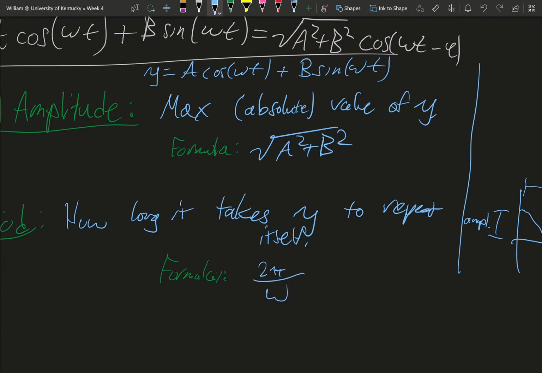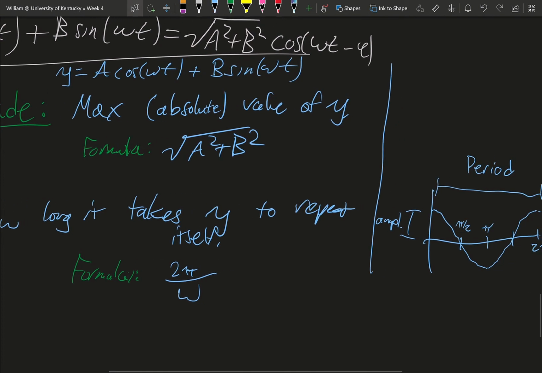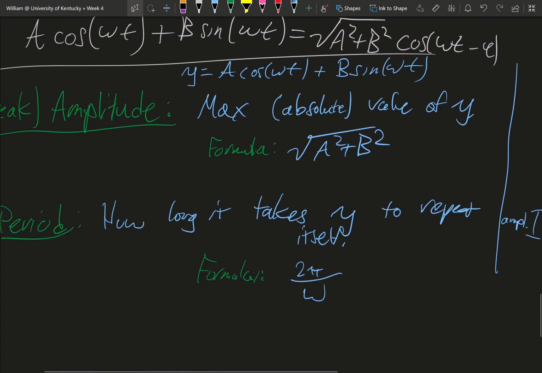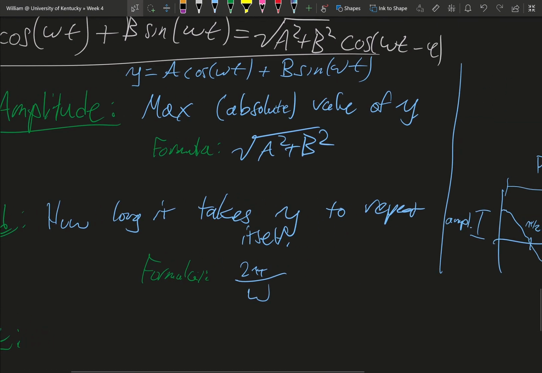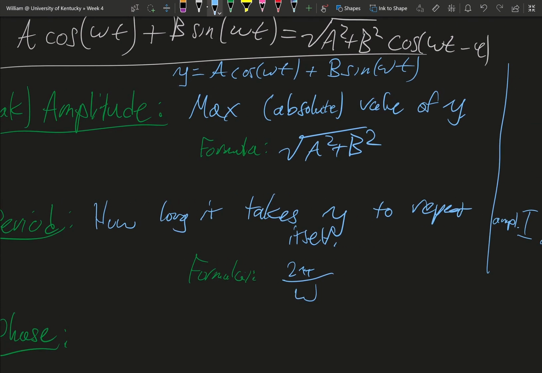So if I multiply by 2, I'm going to repeat myself every pi, because it's going to speed up the process. And then phase, a little bit more abstract, just tells us where on the cosine we start, and that is phi, which we already had a formula for.